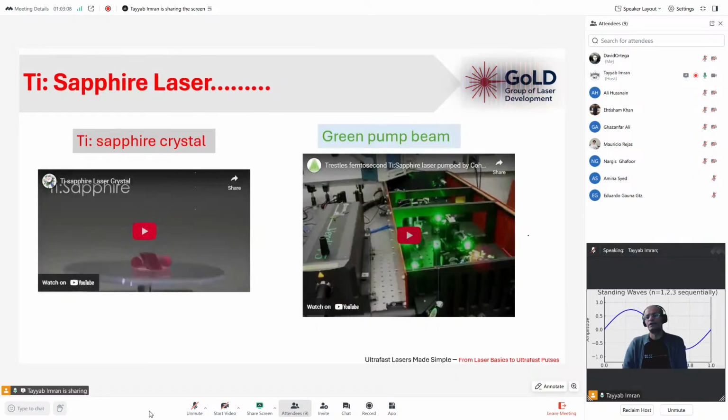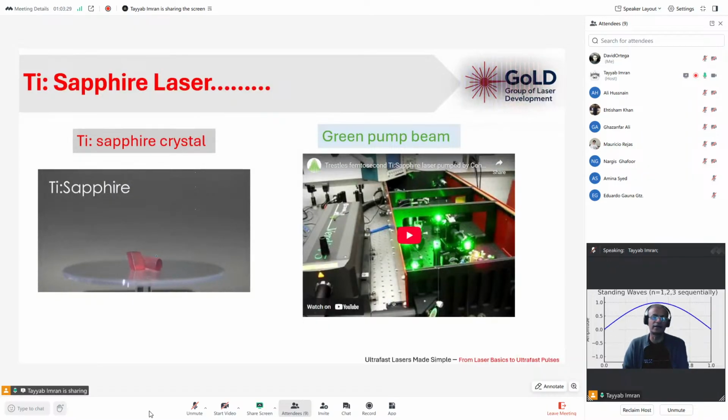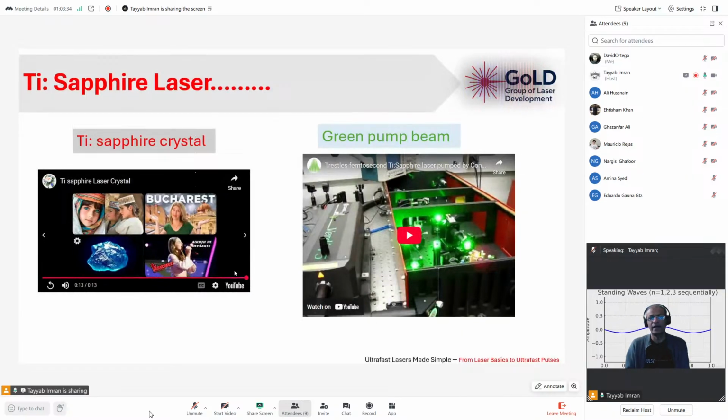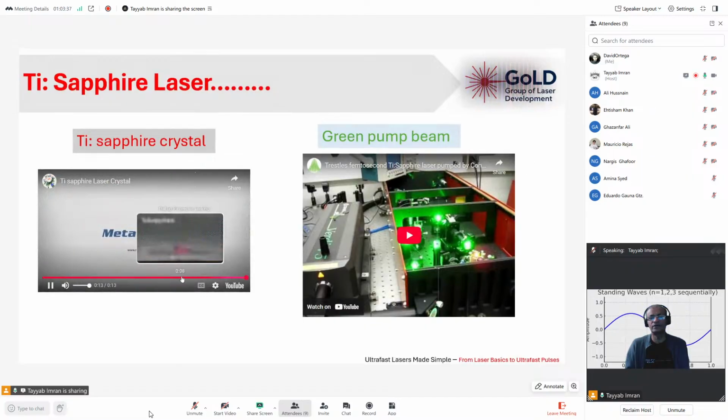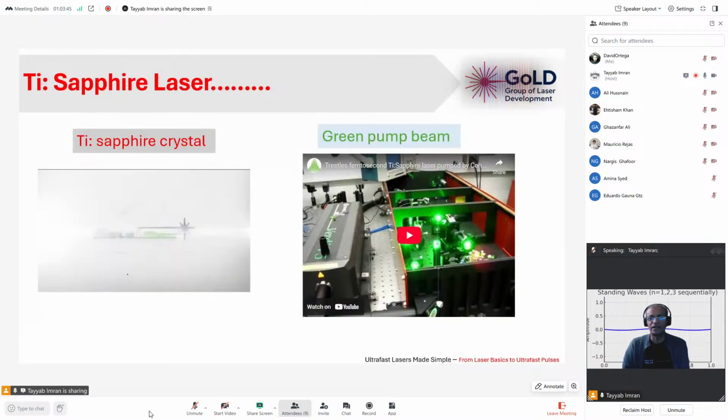Here, I just want to show you how titanium sapphire looks. On one side it is a rod form, and the other form is also there; in both cases it has a Brewster cut. This small crystal is very expensive, and it's polished and very carefully doped.